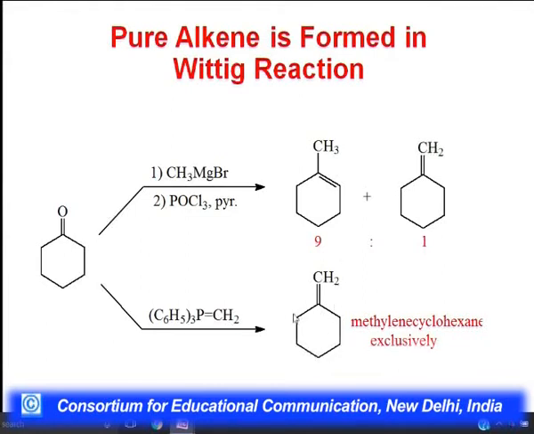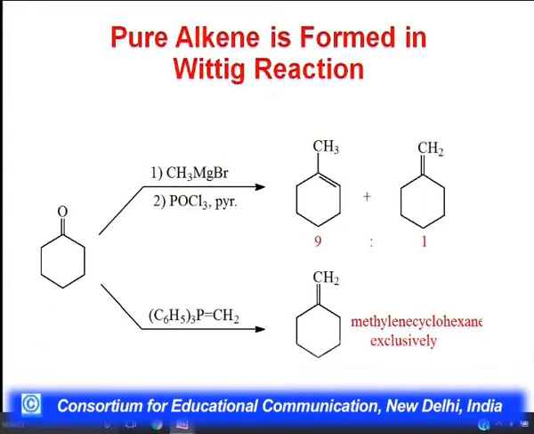So in this manner, by the Wittig reaction, we can prepare an alkene which is less substituted. This is the advantage of this reaction: we can get exclusively one alkene, which is the least substituted alkene.